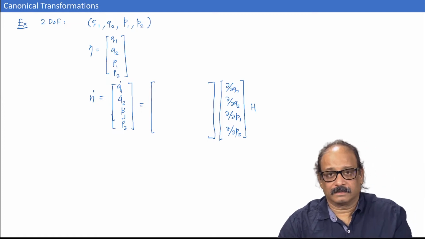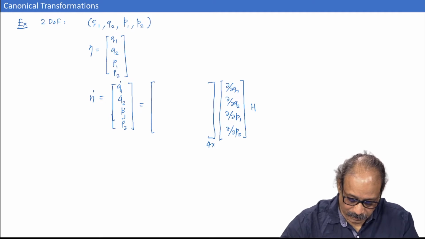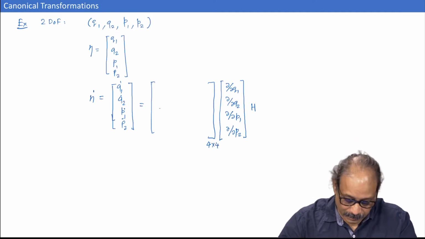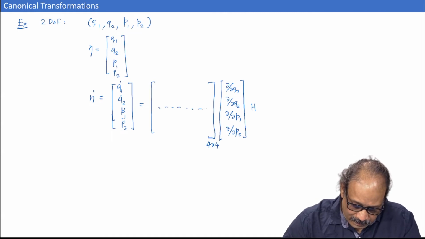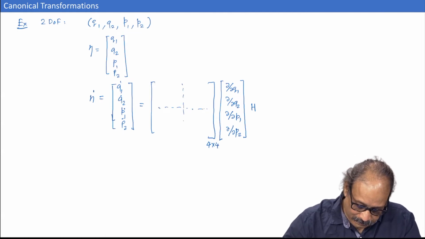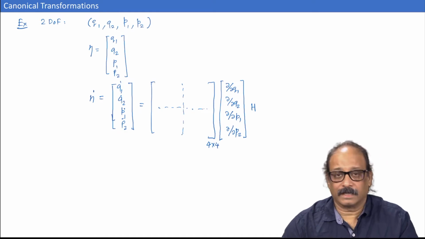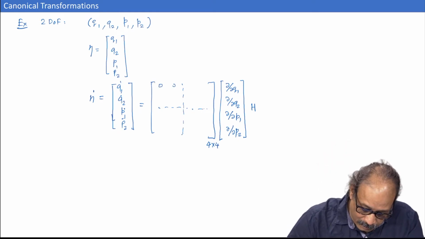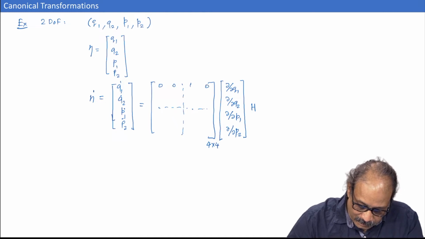And what is the structure of this matrix here? This will be a 4 by 4 matrix. What would be the structure of this matrix? Remember, this is very easy to guess, but I will write it as blocks of 2 by 2 matrices, and if you put all the entries there, it looks like this.